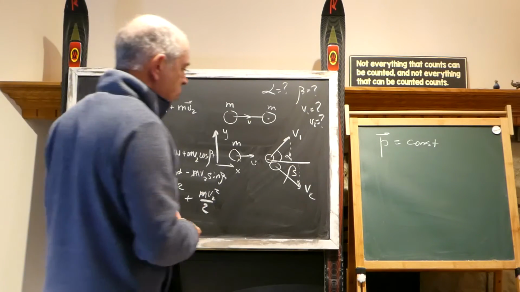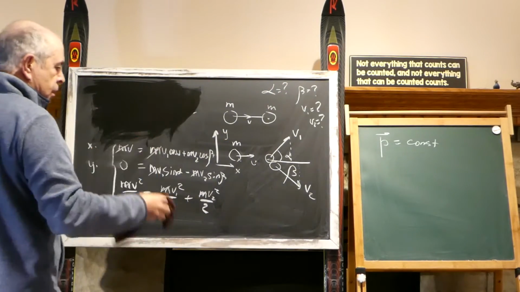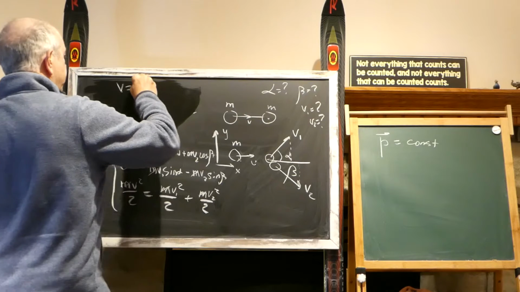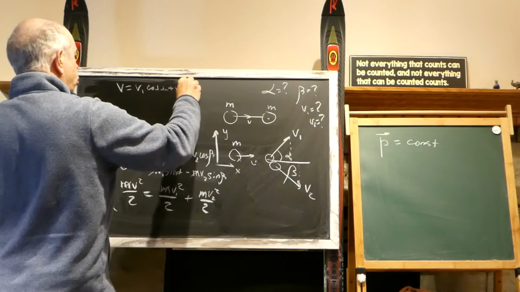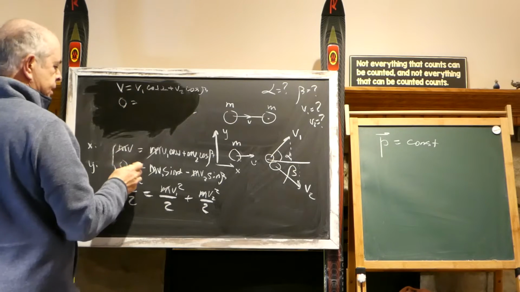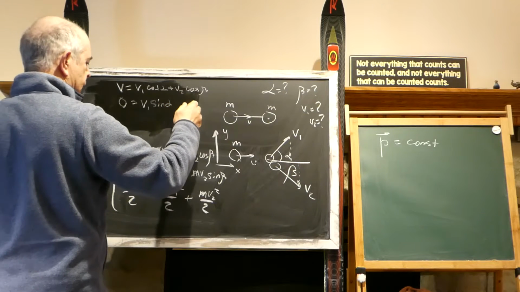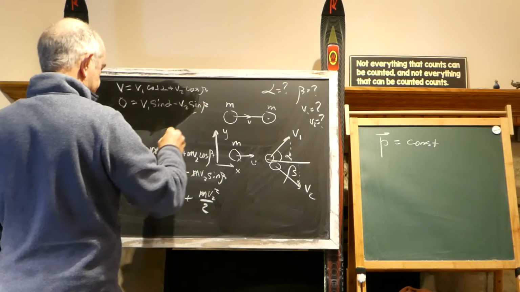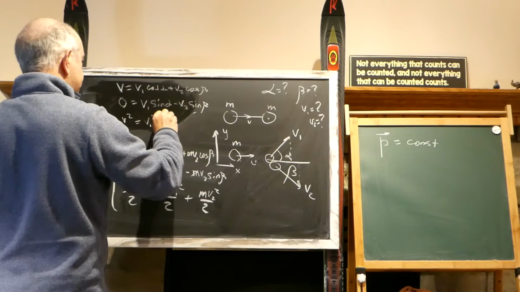Alright, so let's reuse this space and let's rewrite it again. So we have v equals v1 cosine alpha plus v2 cosine beta, and here we have 0 equals, second equation, v1 sine alpha minus v2 sine beta, and the third one is v squared equals v1 squared plus v2 squared.